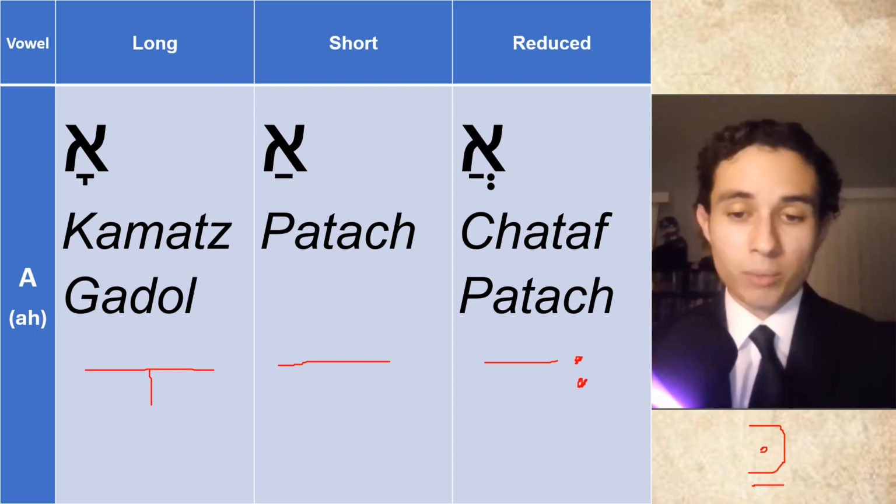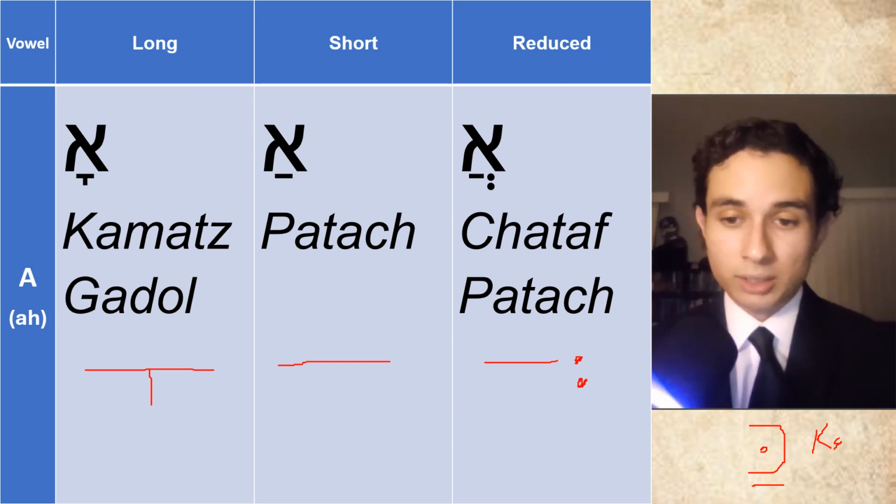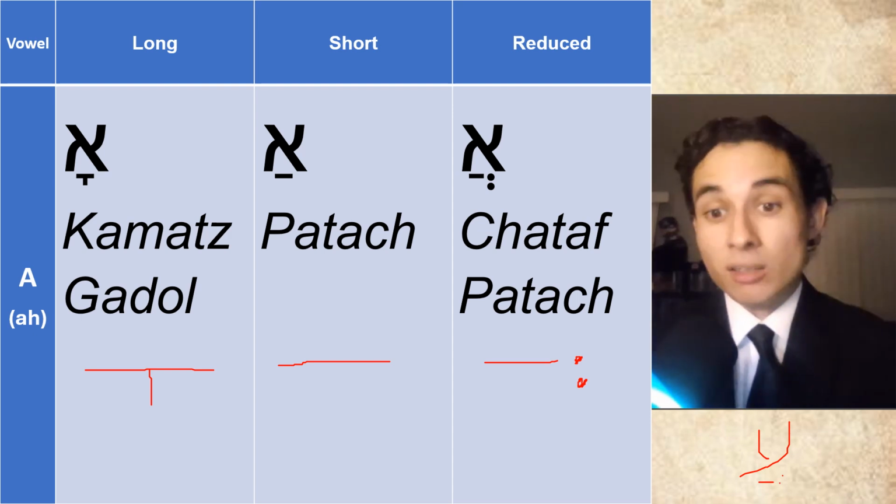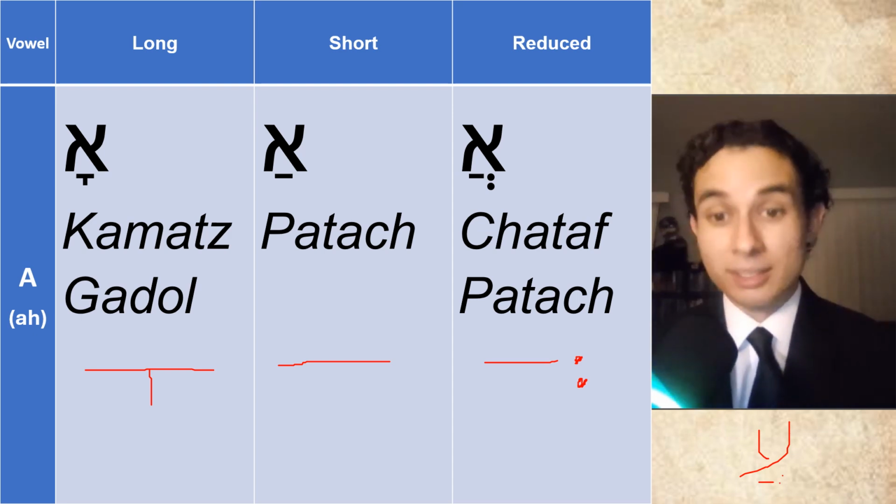As you see, we use the letter K to transliterate kaf and the letter A to transliterate patach. That's all it is, ka. And if I wanted to do ayin with the chataf patach, that's just a, because the ayin is a silent letter.